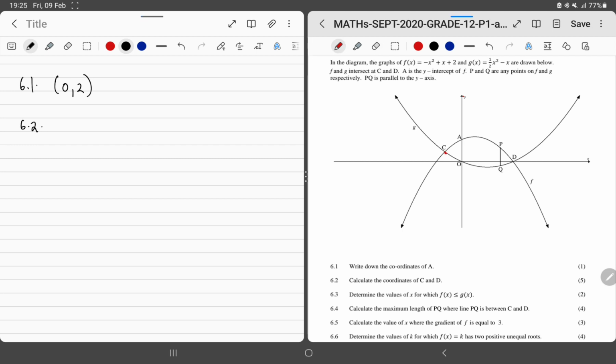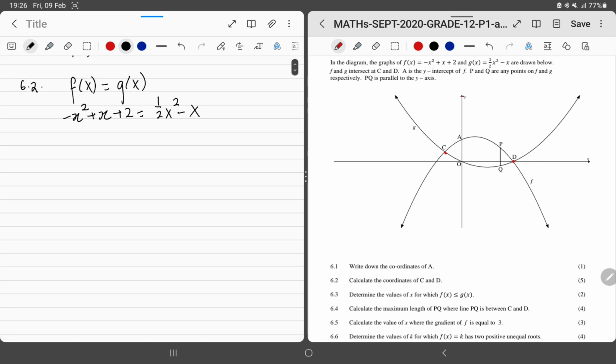At C and D, the two graphs are equal, so I'm going to equate f(x) with g(x). Minus x squared plus x plus 2 is equal to half of x squared minus x.